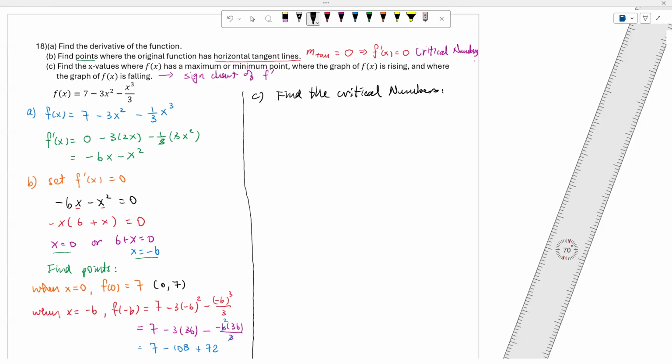So I would like to set f prime of x equal to 0. In this case, I will have negative 6x minus x squared equal to 0. And of course, for this one, we know that x is equal to 0 or x is equal to negative 6.